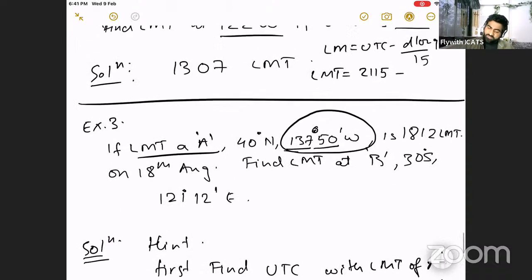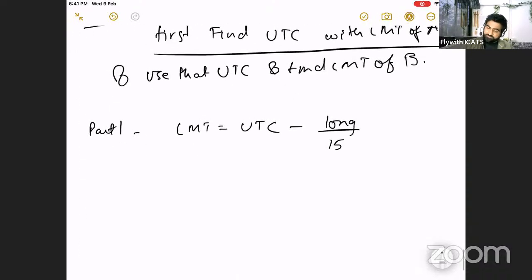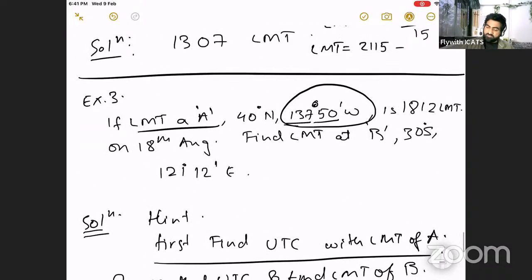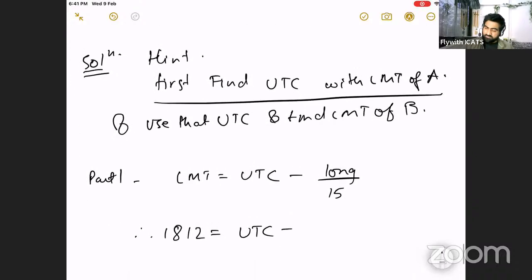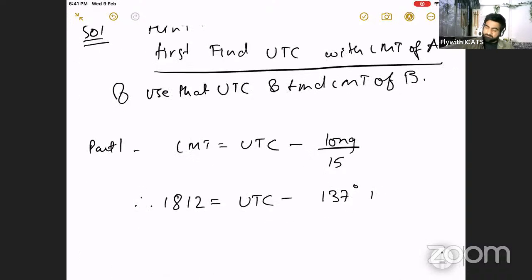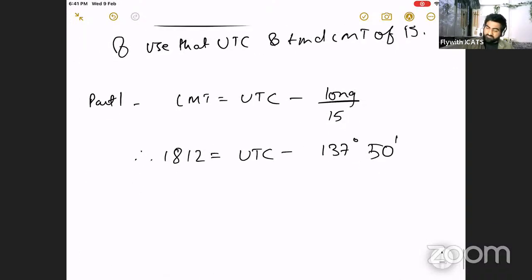What is given to me? LMT is given to me. Therefore, 1812 is equal to UTC minus D long by 15, 137 degrees, 50 minutes west. So this I had to divide by 15.